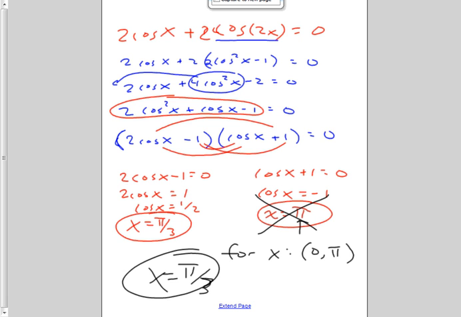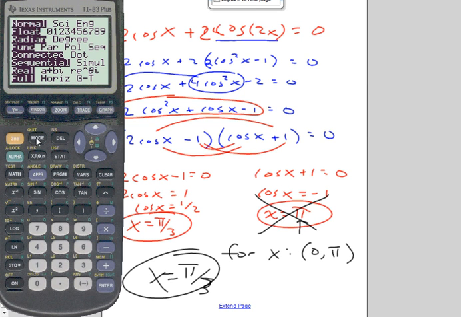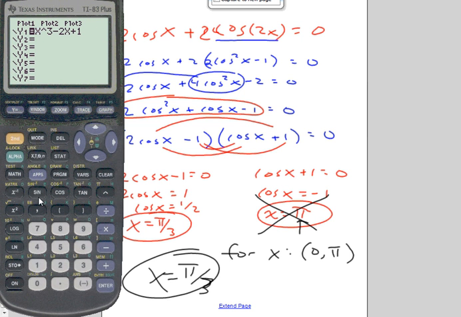And let's just look at a quick picture of this graph so that we have a true idea of what's going on. If we graph, making sure we're in radians, 2 sine x plus sine of 2x, and we're going to look between 0 and pi.